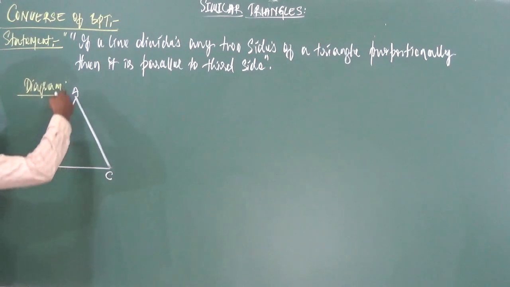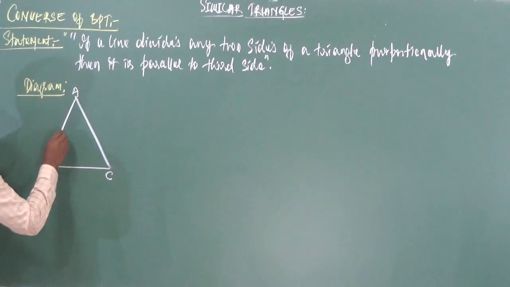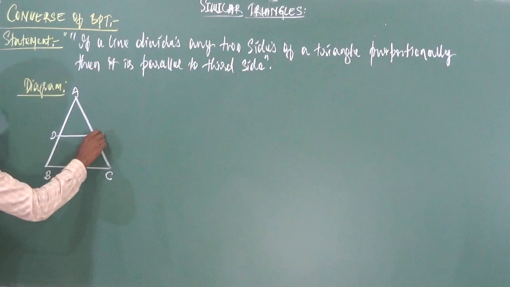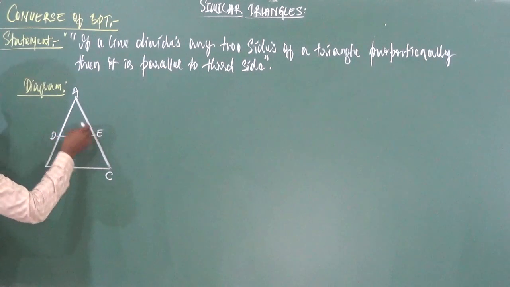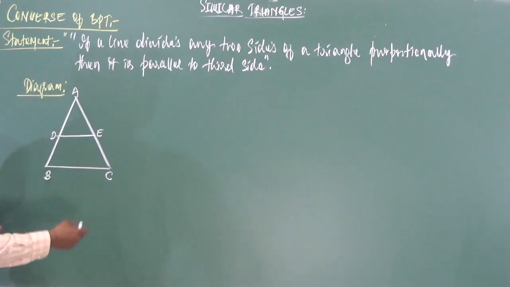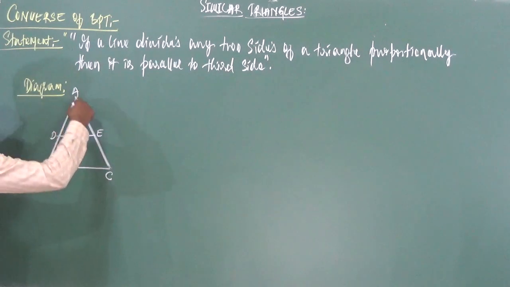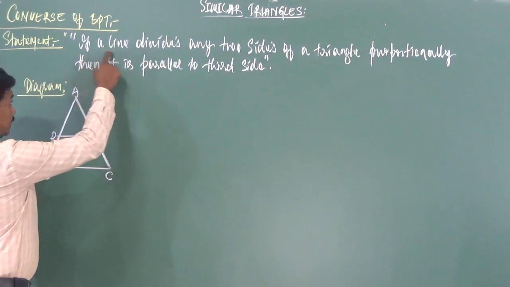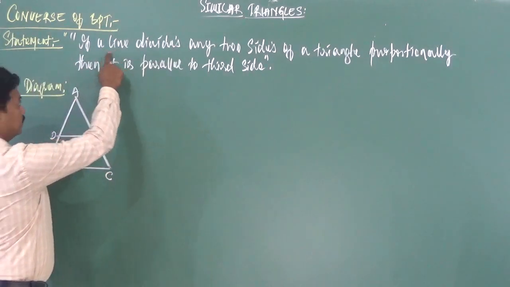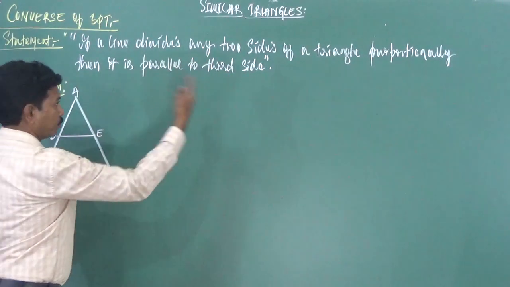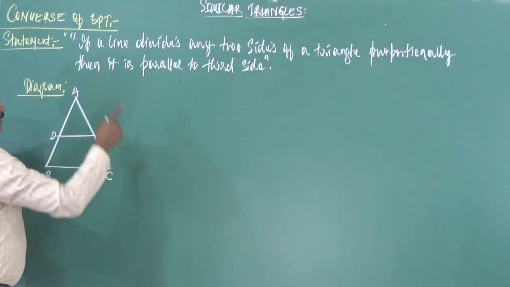I will select these two sides, AB and AC, and let DE be the line which divides these two sides of the triangle proportionally. This line DE divides these two sides of the triangle proportionally. So that's the hypothesis.